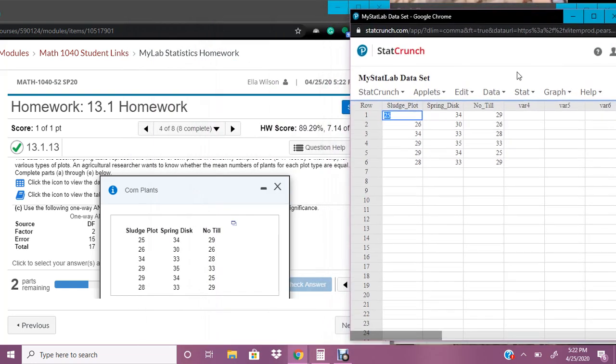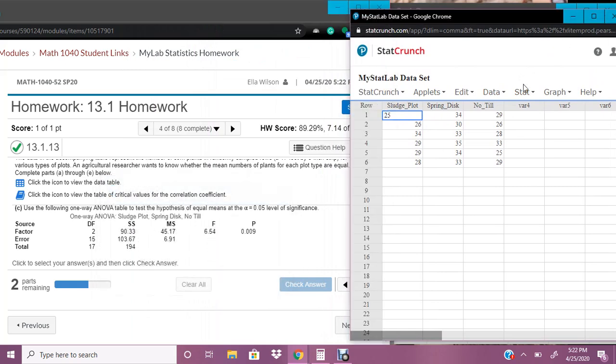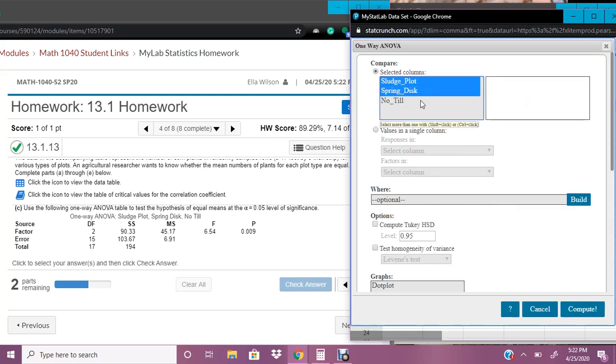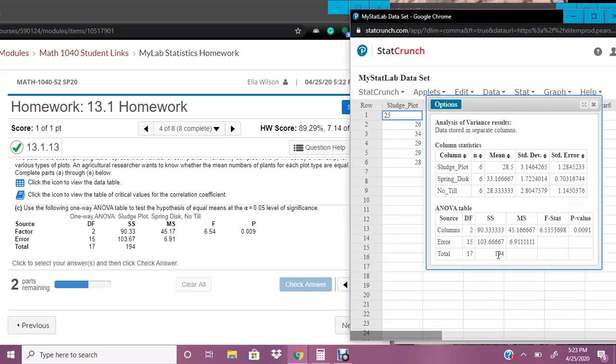Okay, so in order to do an ANOVA test in StatCrunch, we are going to go to Stat, ANOVA, one way. And we're going to select all 3 columns and just click Compute. It's that easy. Now there's a lot of numbers here. For the most part, and I don't want to say this, but it's true 100% of the time, but we're just going to be looking at the F-stat and the p-value.